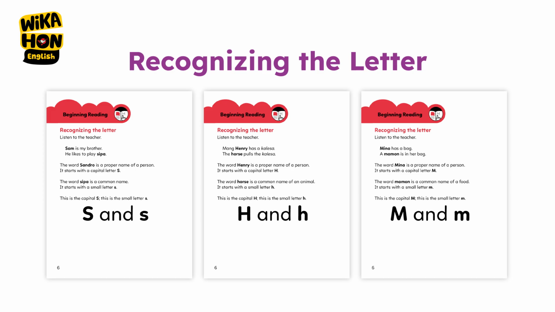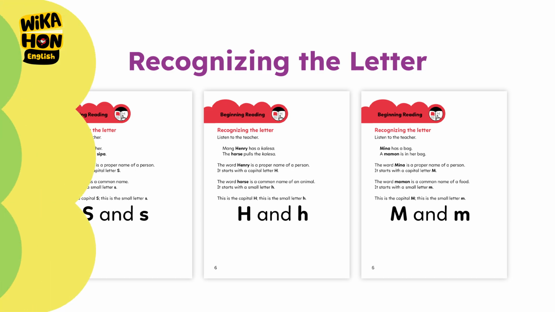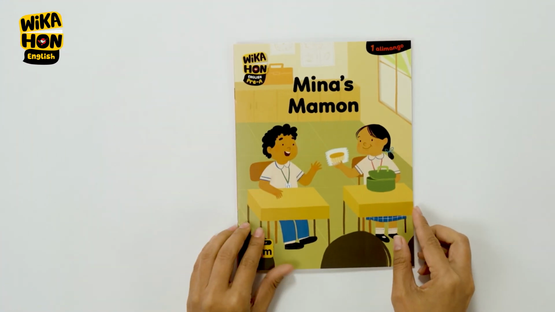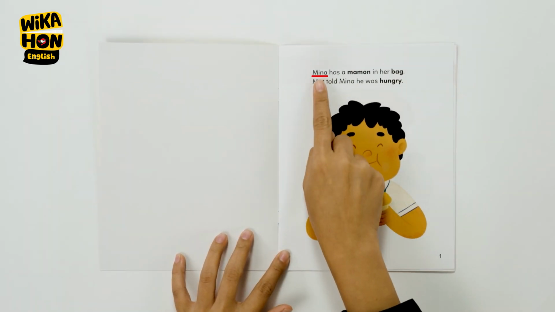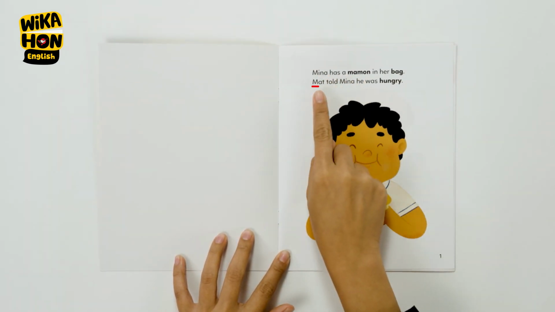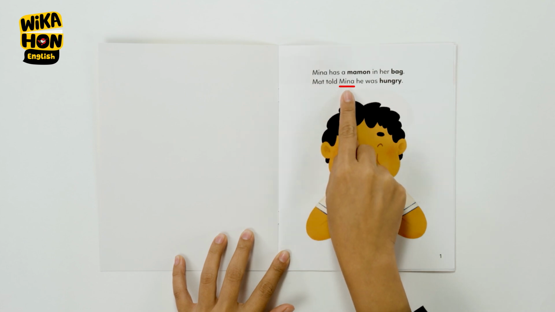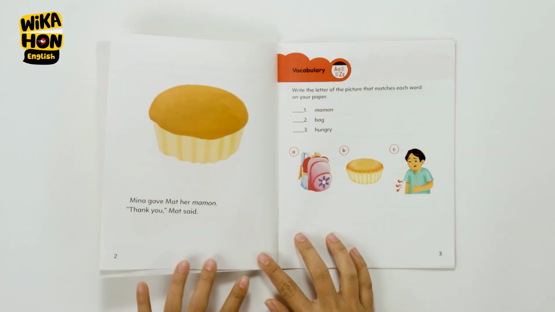Eventually, it will aid them in word recognition and reading fluency. Each reading selection in WiKAHON English Pre-A includes words that begin with a letter being introduced to help students recognize capital and small letters in print.